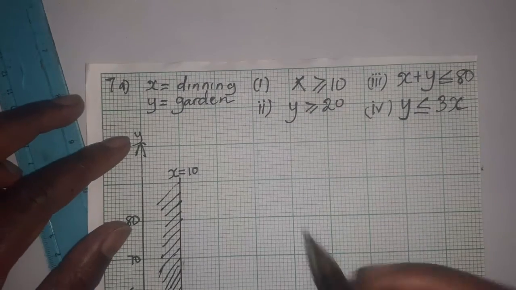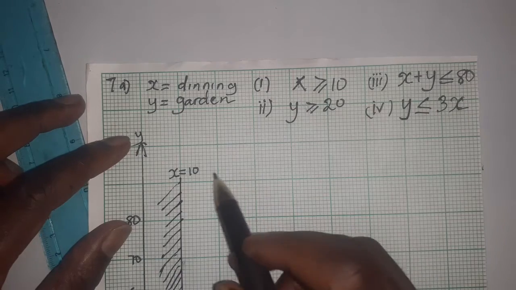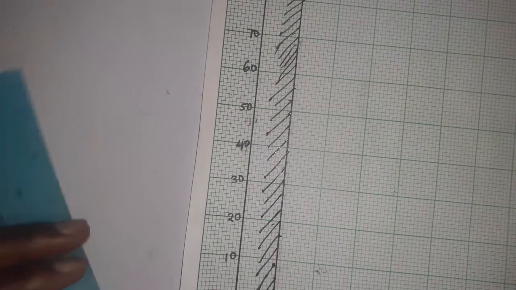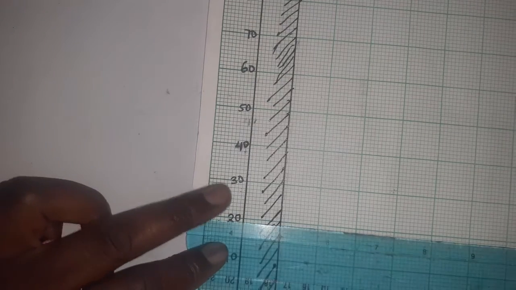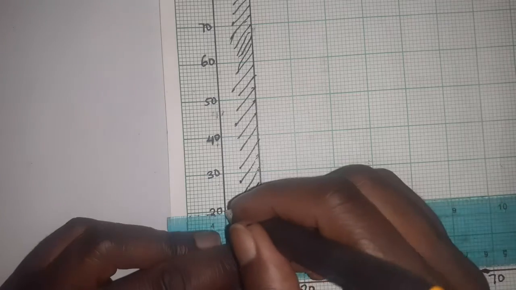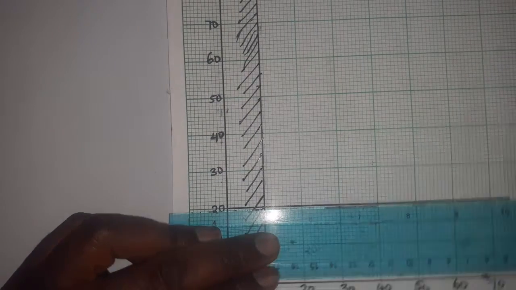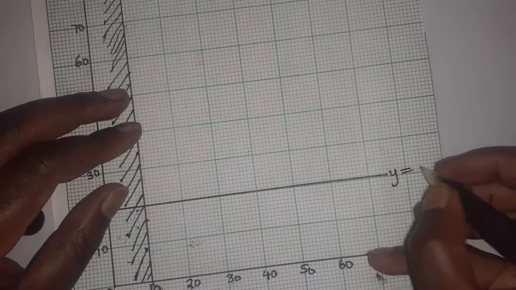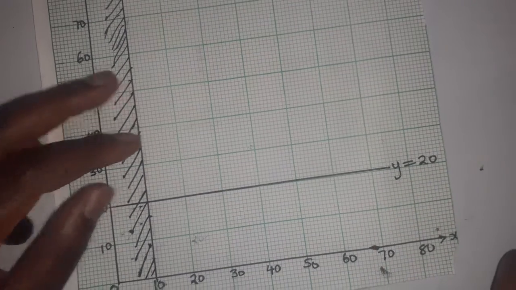So we proceed to the second one. What is the second one saying? The second one is talking about y. So on the y-axis we go to what? 20. And this is where we have our 20. We draw also a straight line here, which we are going to call what? y equals 20.